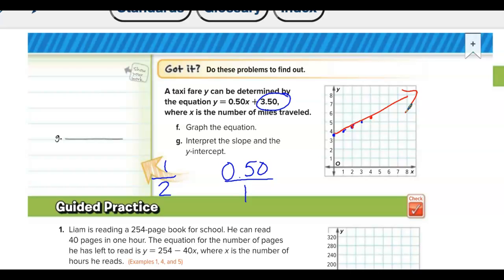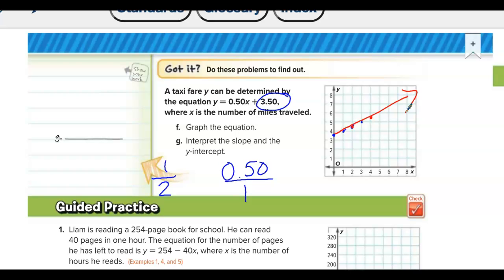Okay? Then it says to interpret the slope and the y-intercept. How do you interpret the y-intercept of 3.5? Max, what do you think? What does the 3.5 represent? It is the y-intercept, but in words, what does it mean in this context of the problem? Right, but what does 3.5 mean? Carter?